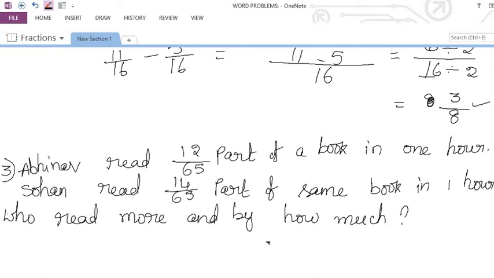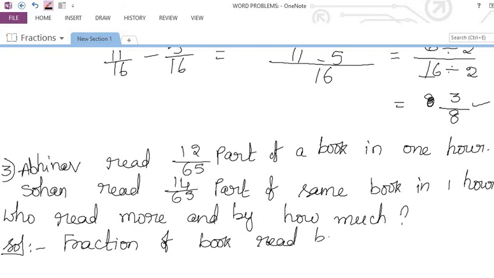Now the same way we should do with the help of fractions, because these are fraction word problems. Fraction of book read by Abhinav is 12 by 65.